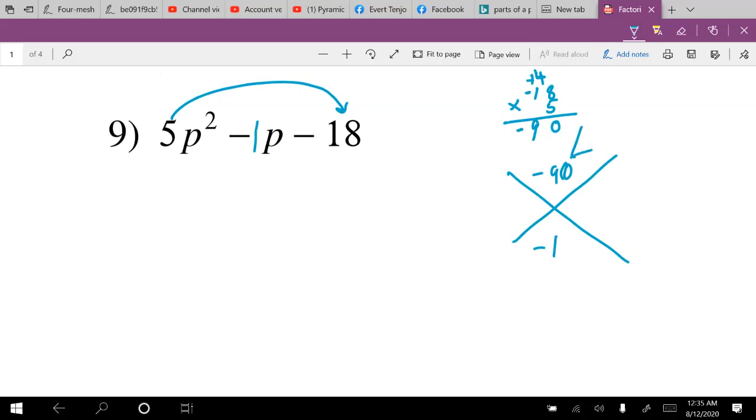The factors of 90 are 10 and 9. So if we multiply negative 10 times 9, plus 9 is going to be negative 1.